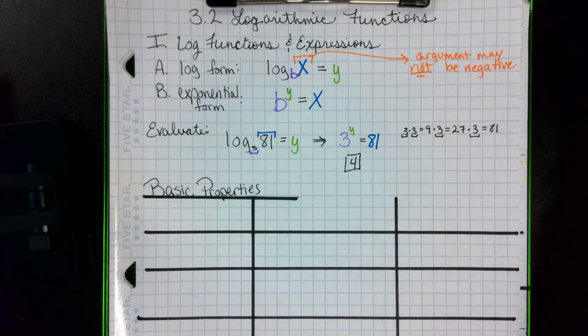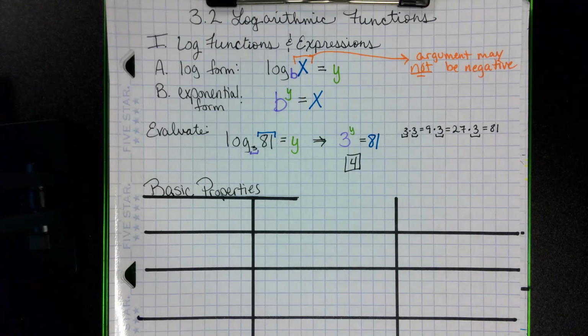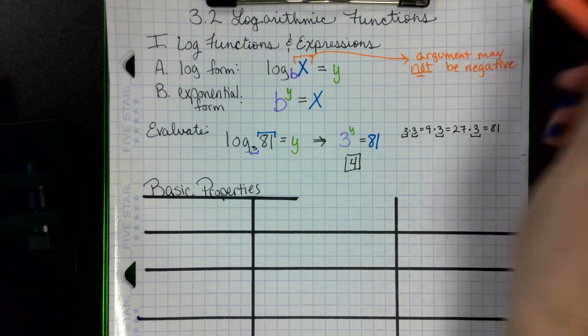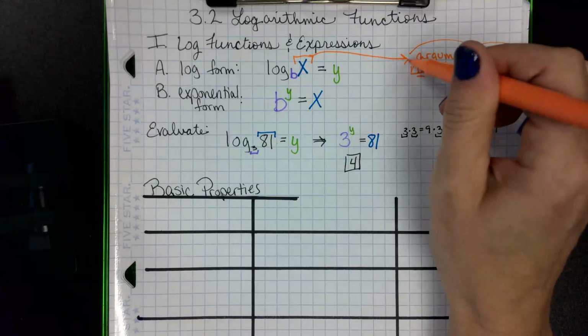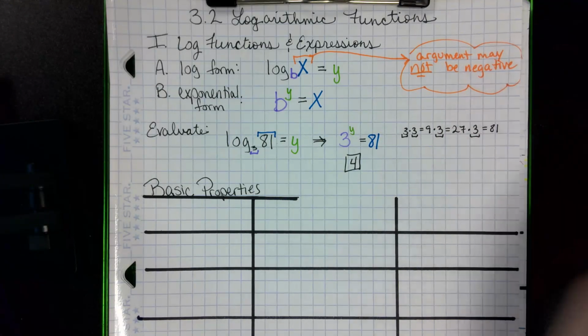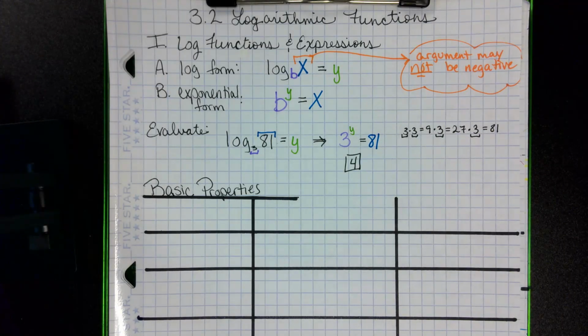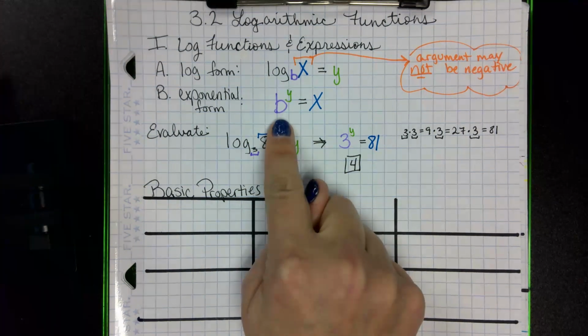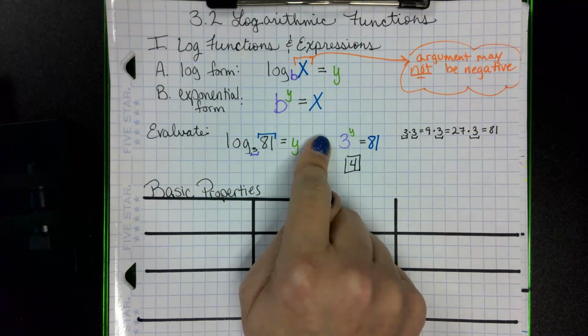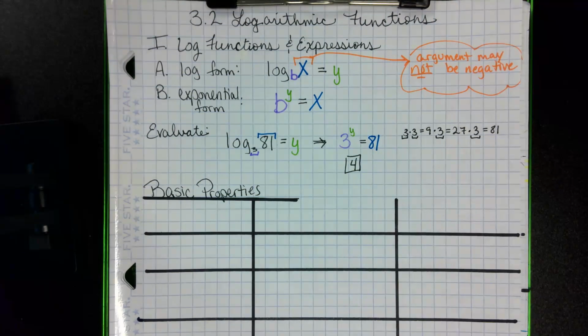So if it's log base anything of negative 5, you can just say no solution because you cannot do a log of a negative, which would be the same thing as an exponent raised to a power equals a negative. We talked about that yesterday with exponentials. We're not going to get below 0.